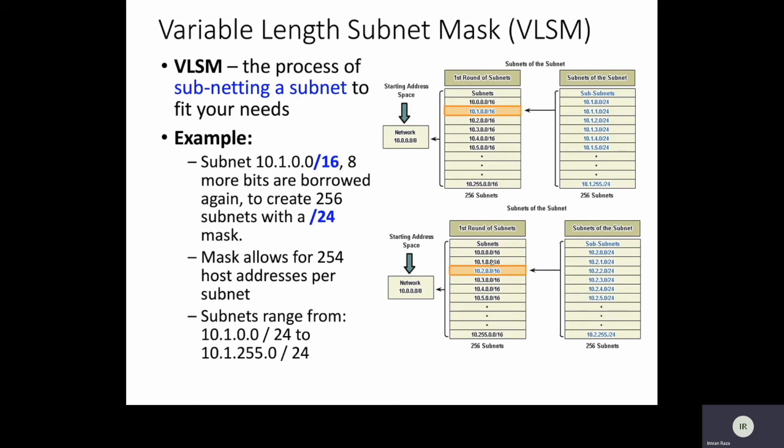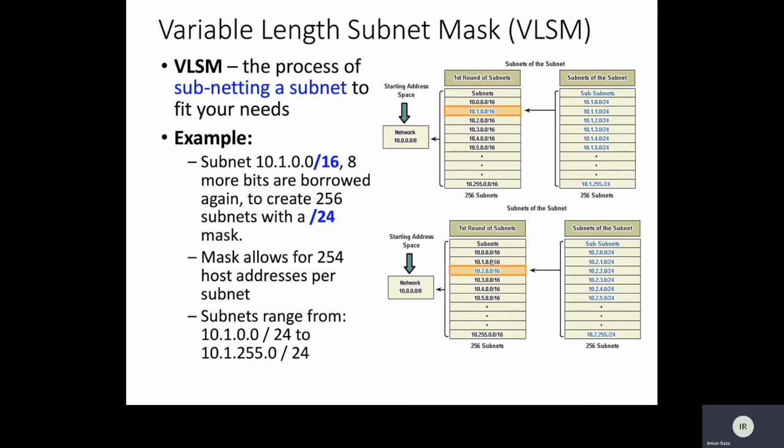But how many nodes are we reserving for each subnet? 2 raised to the power 5 minus 2, that is 30. So we are wasting nodes because it does not cater to the variable requirements of each subnet, as each subnet using a fixed length subnet mask will have a fixed number of nodes.